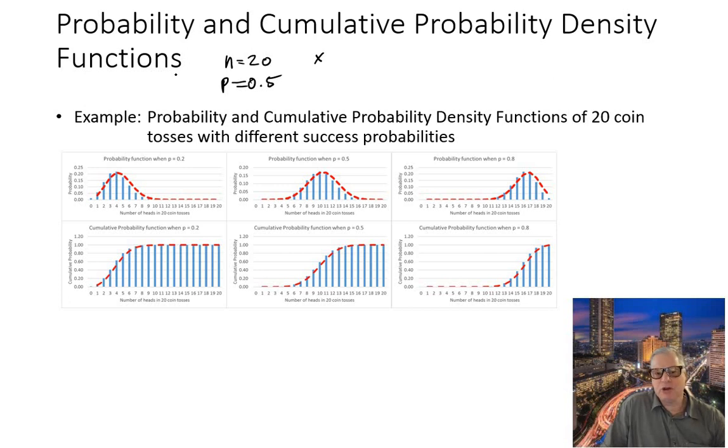Then you flip it again 20 times, maybe the next time you get 12 heads. Maybe you get 18 heads, which is not very likely, but could happen. But the mean is 10 heads. That's the most likely outcome. So the mean in a binomially distributed variable is n times the success probability.